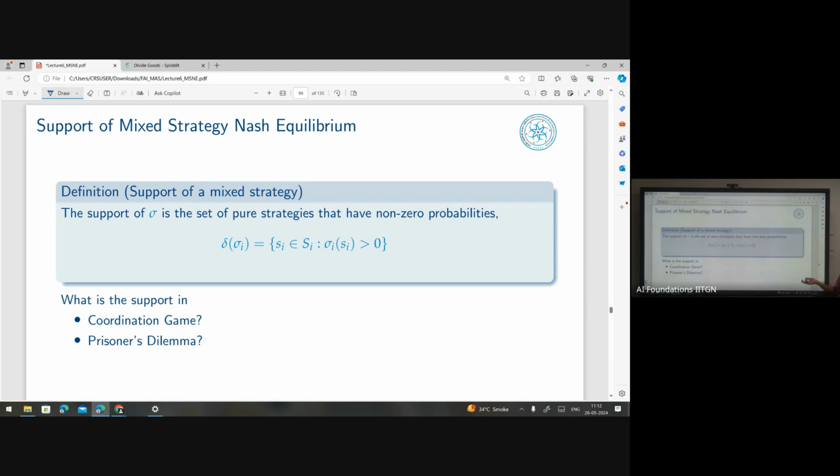But for prisoner's dilemma, the support was not the entire set. It was just one of the dominating strategies. That's the support for the mixed strategy Nash. I'm not talking about support for any strategy. You could define a mixed strategy with a support that is very expansive, but that may not be a Nash.